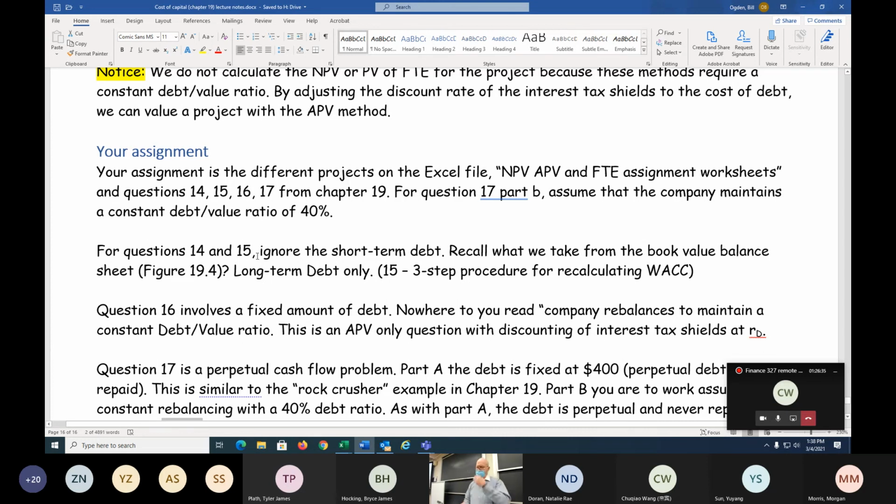If you read your book carefully, it will say that if over 10% of a company's total capital is short-term debt, you have to add another term to your WACC equation: short-term debt to value times short-term rate times 1 minus t, plus long-term debt to value times long-term rate times 1 minus t, plus equity to value times the cost of equity.